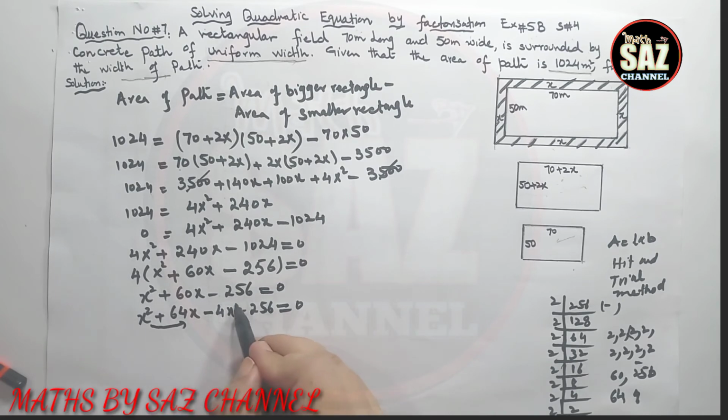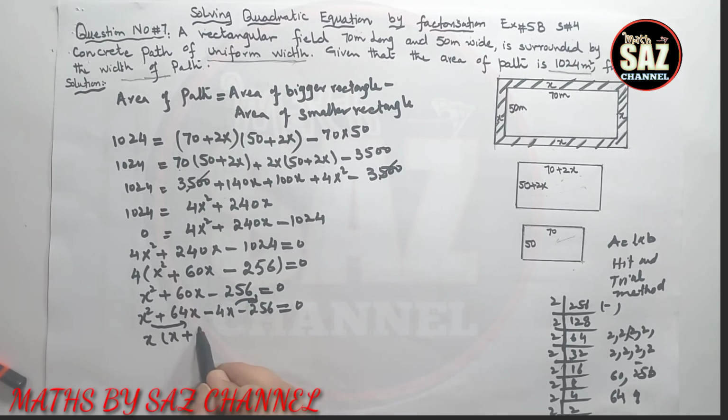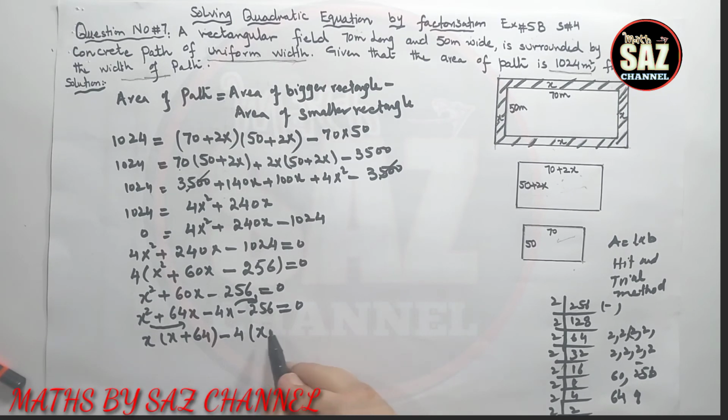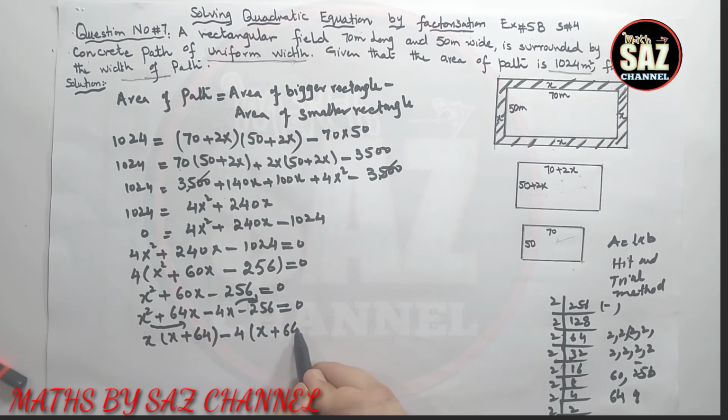Make the groups of like terms. x into x plus 64, minus 4 into x. I've extracted minus 4 out, so what should I write over here? Plus 64 equals 0. So x plus 64 is the common group.